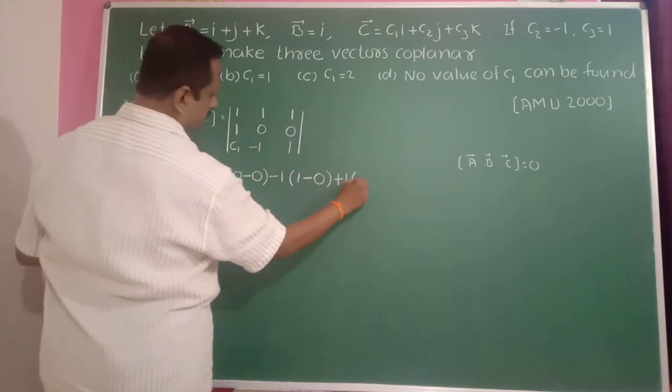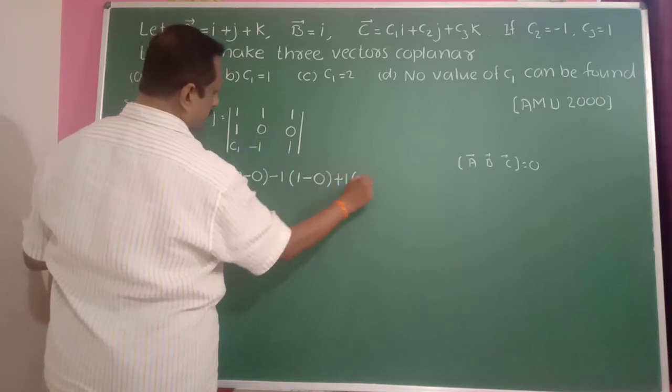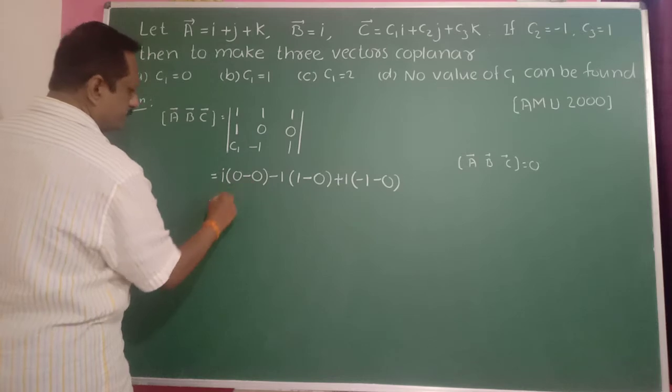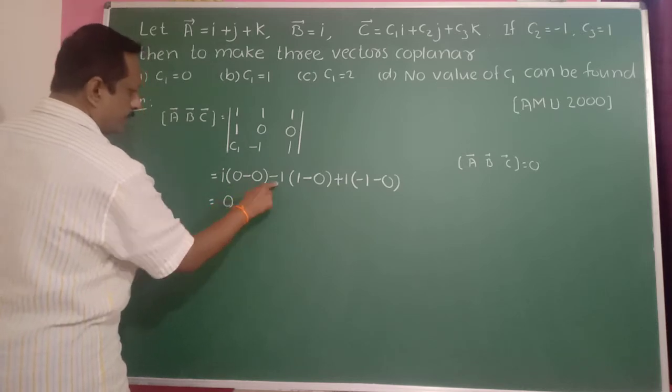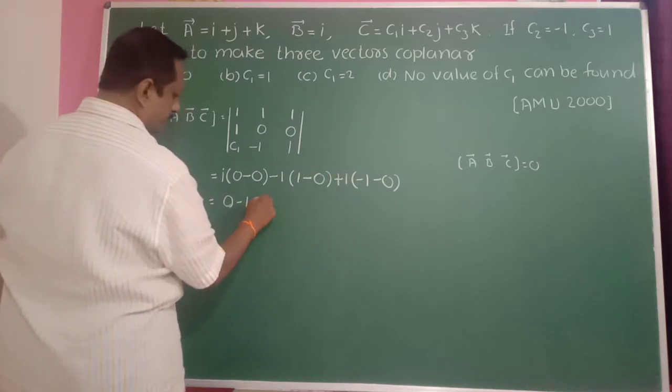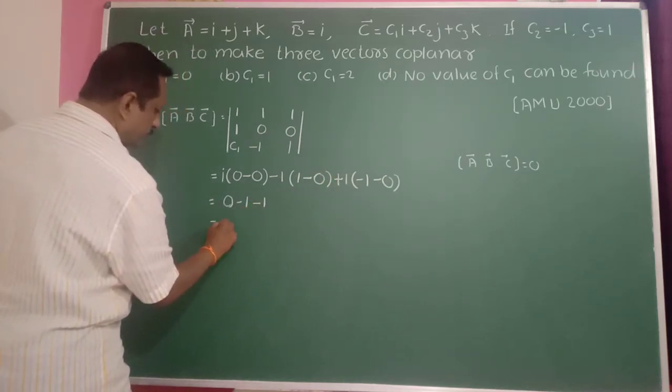Minus 1 into minus 1 is minus 1. C1 into 0 becomes 0, hence this term becomes 0. Minus 1 into 1 is minus 1, and 1 into minus 1 is minus 1. Therefore this is equal to minus 2.